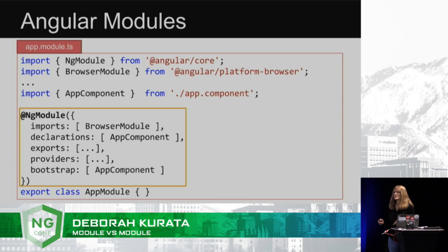So we're going to look at a little example and talk through how to set up all of these arrays. But first, you might notice here that we're exporting a class from this Angular module code file, and we're importing stuff into this Angular module code file. So our Angular modules are themselves actually ES 2015 modules.